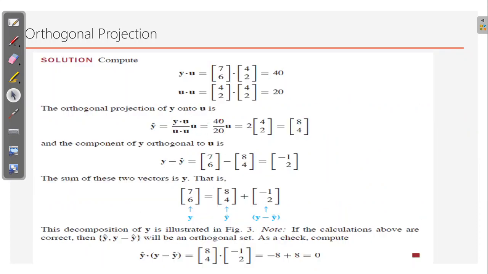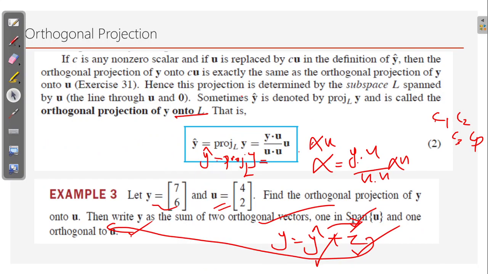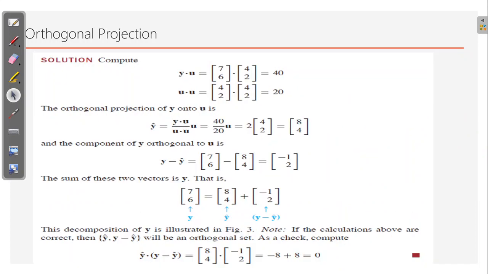So the solution is like this. First of all, we are going to apply the formula to find y cap. That means y dot u divided by u dot u, into u. First of all, you find out y cap. Then you will have to find out z. Actually y equals y cap plus z, so z equals y minus y cap.